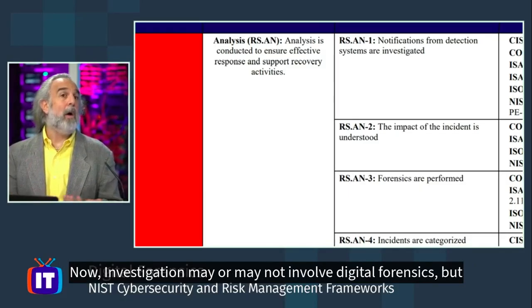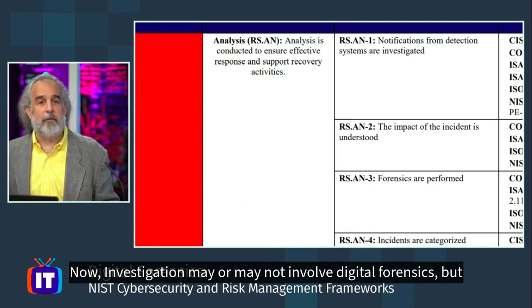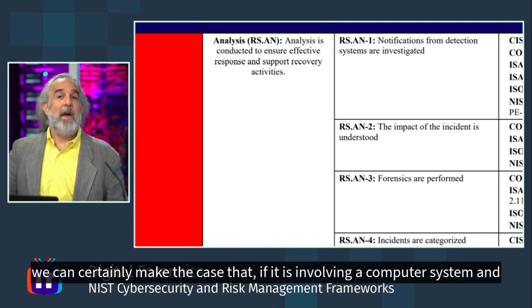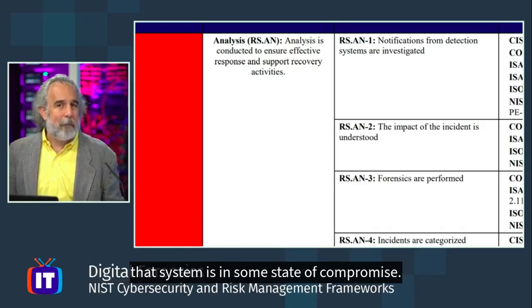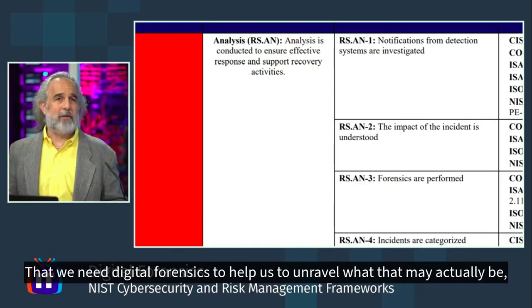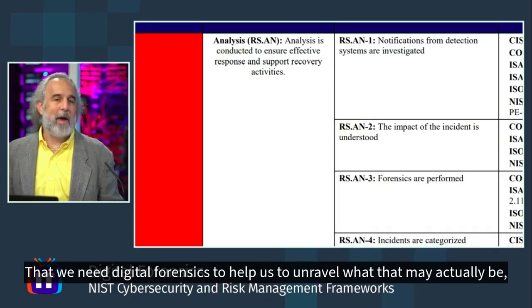In other words, if something happens, we should not just pay attention, we should actually investigate. Investigation may or may not involve digital forensics, but if it involves a computer system in some state of compromise, we need digital forensics to help unravel what happened.